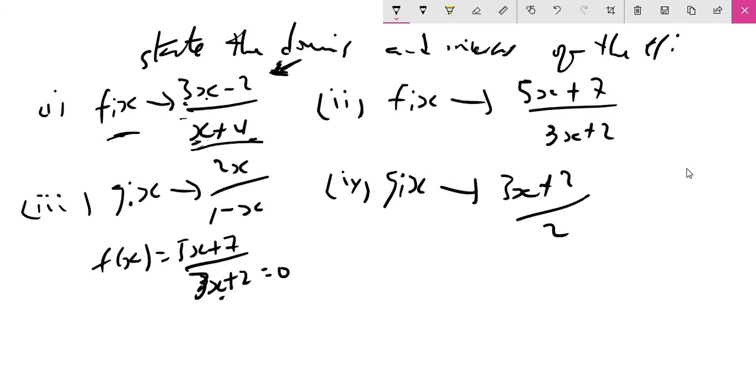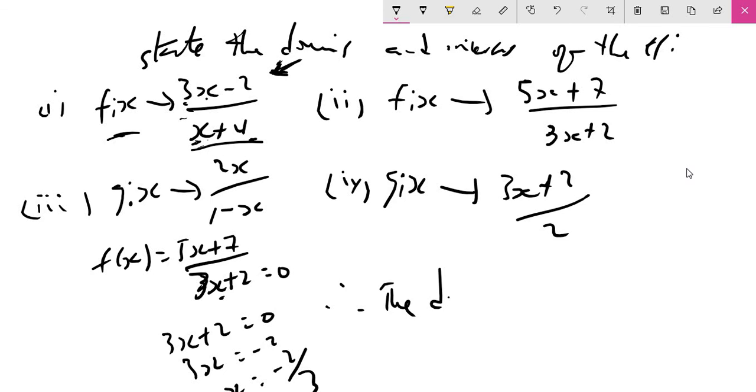Because when a denominator equals 0, it makes the entire expression undefined. So we find that 3x plus 2 equals 0, 3x equals minus 2, x equals minus 2 divided by 3. So when x is equal to minus 2 over 3, the expression becomes undefined.